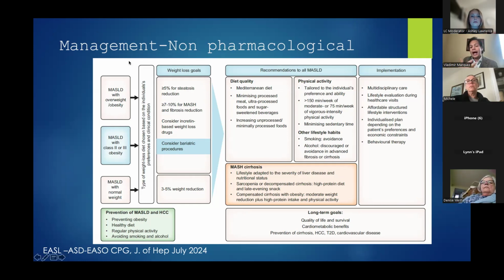Okay? As a general rule, how much weight we target to lose for a patient will depend on how severe things are. So if it's just a little bit of steatosis without so much inflammation, 5% of weight loss could be sufficient as a target. And if there is more inflammation, then we ask maybe to try to see a little bit more.